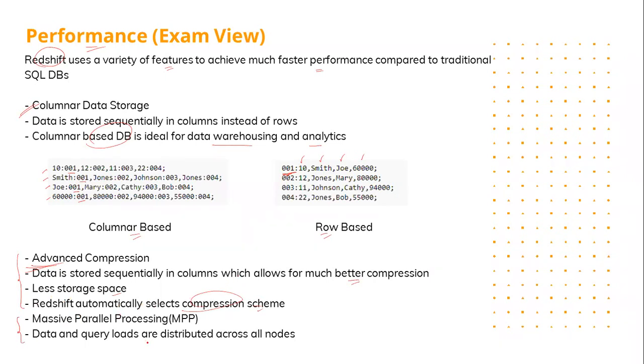Data and query loads are distributed across all nodes. If you have multiple nodes, it sends the request to all the nodes in parallel, you get the result, and it is sent to the application where the user would be able to access it. So they use columnar data storage, advanced compression, and massively parallel processing to improve the performance.